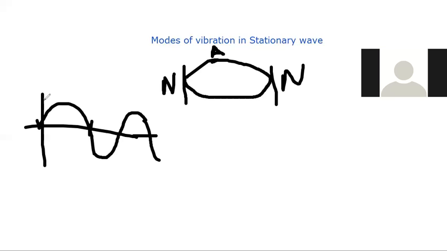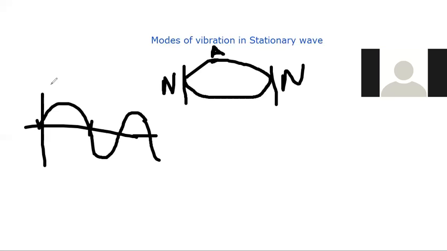That will help us understand the modes of vibration you're talking about. So we are saying that the nodes and the antinodes occur with the boundaries. Normally the nodes occur at the fixed boundary, and the antinodes normally occur at the free boundaries.